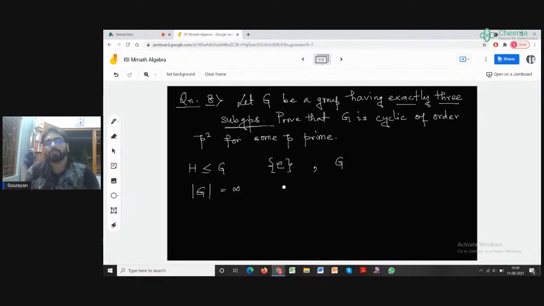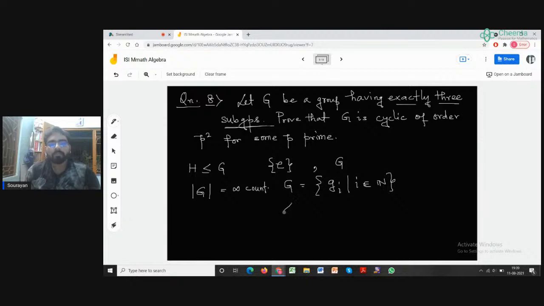Do you understand? So suppose let's say G is even countably infinite. Then let's call G practically the set of g_i, where i is a natural number.